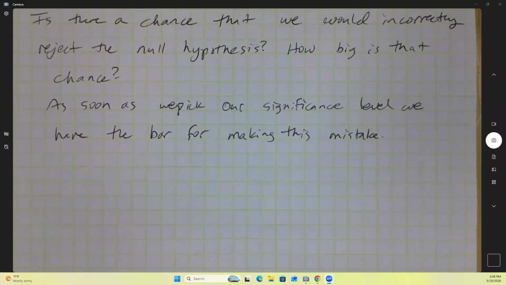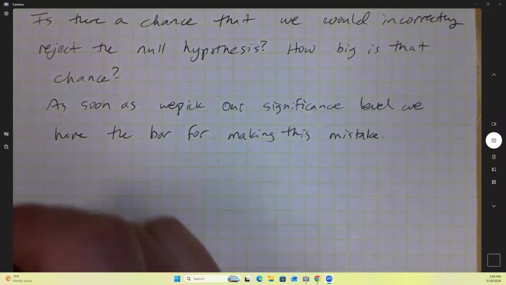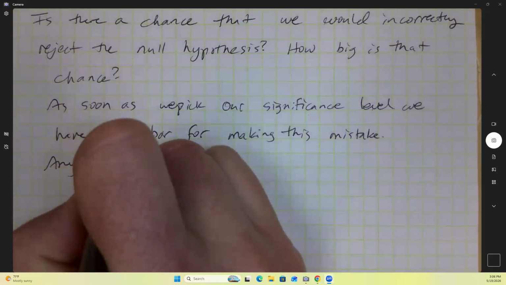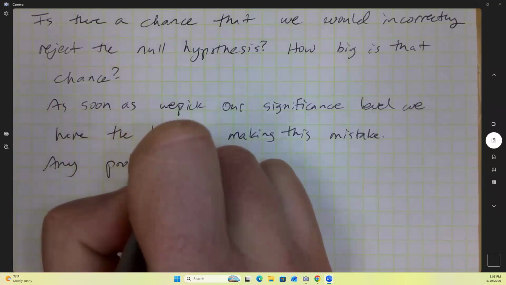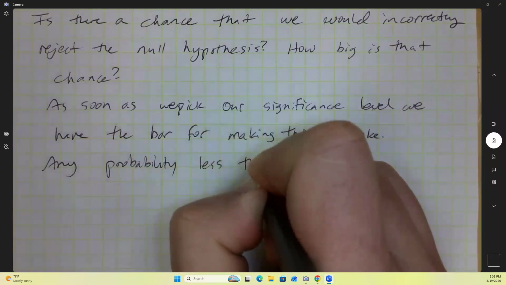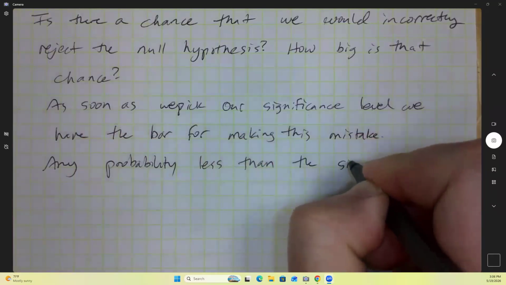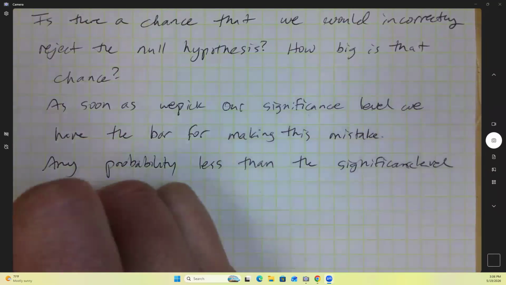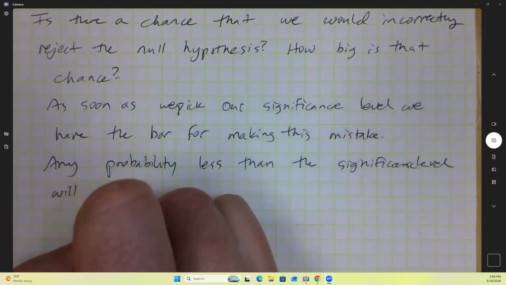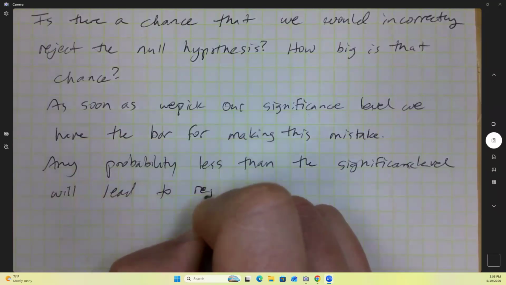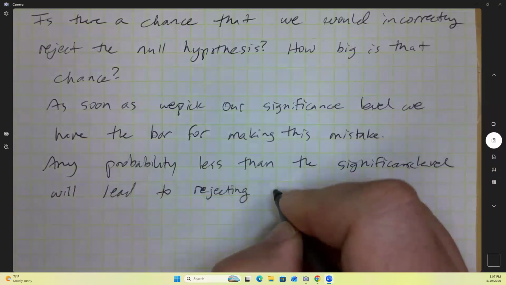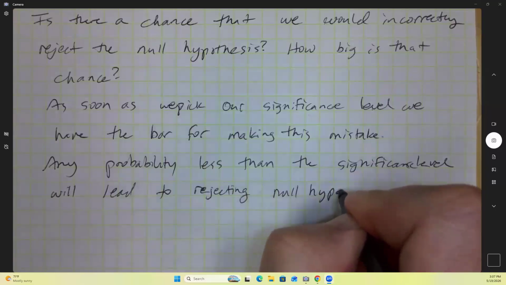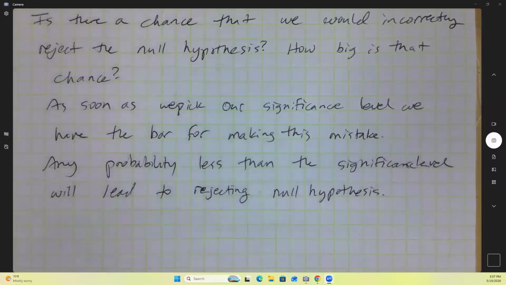Because the whole point of a significance level is it's our cutoff for rejecting. Any probability less than the significance level will lead to rejecting the null hypothesis. But by definition, a probability means we could be wrong.